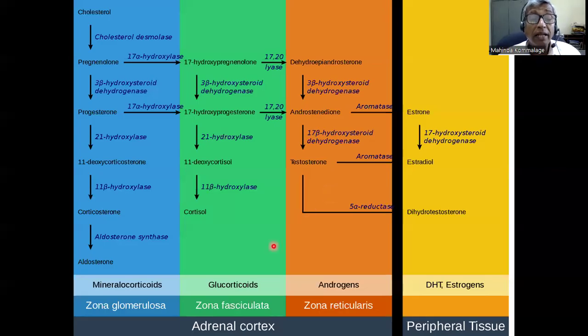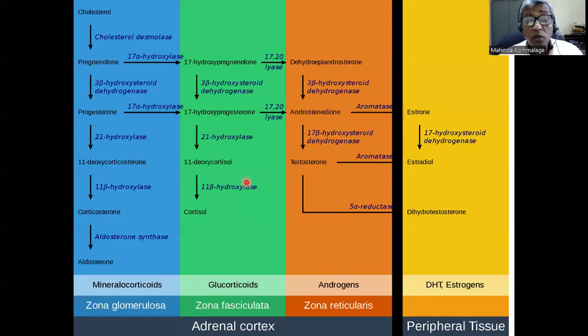This is again a complicated diagram, flow chart. You need not understand or remember it, of course, some basic things. So this is the area zona glomerulosa. Mainly aldosterone is the end product of this hormonal reaction. So a series of, not really hormones, some chemicals undergo a series of changes and finally produce aldosterone mainly from zona glomerulosa.